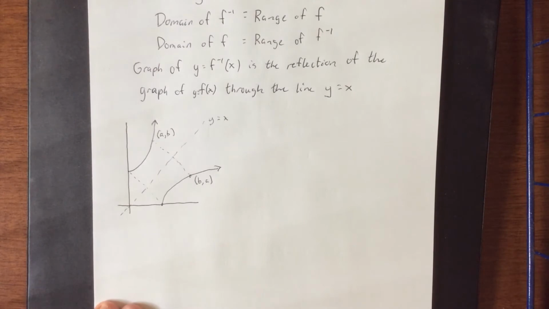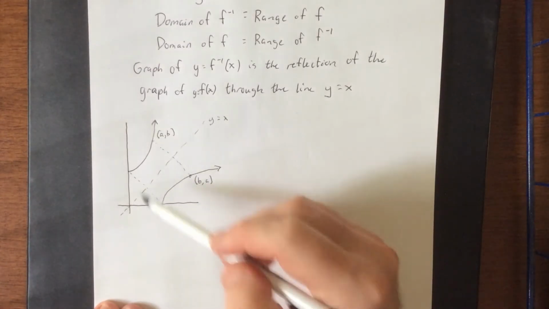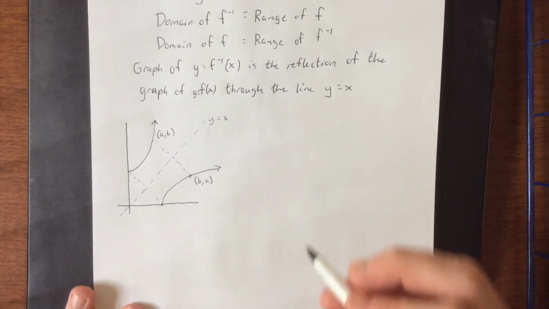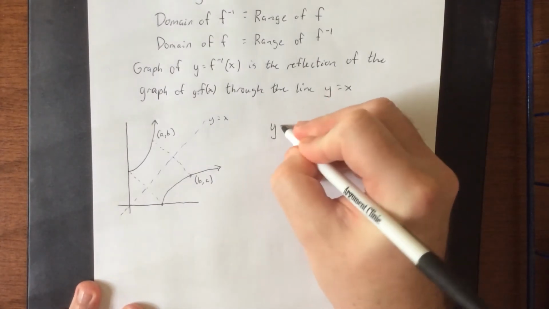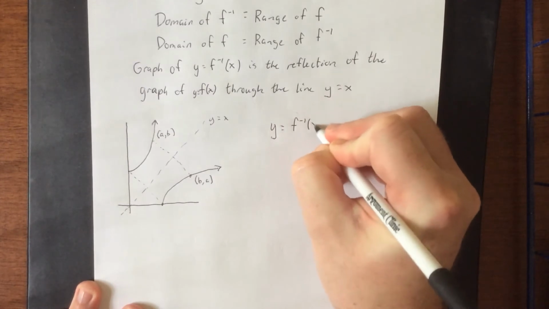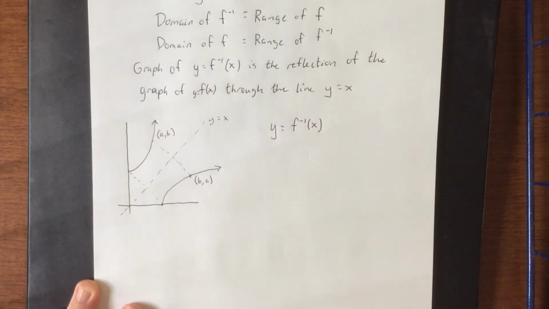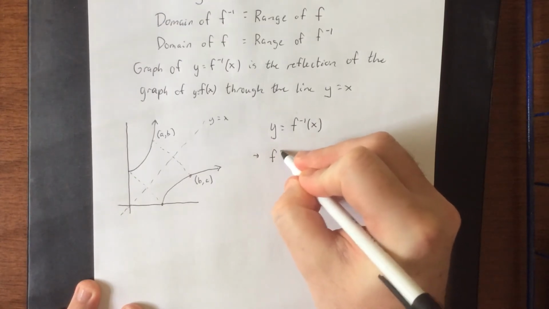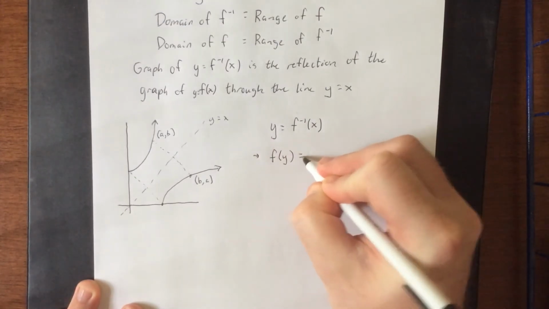Now, the big question becomes, how are the slopes of the tangent lines going to be related to each other at those 2 points? So with that in mind, let's say that we're dealing with y equals f inverse of x. What I'm going to do is apply the definition that I gave above and say that this means that f of y is going to be equal to x.